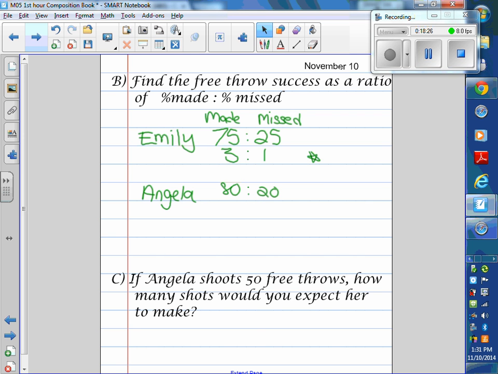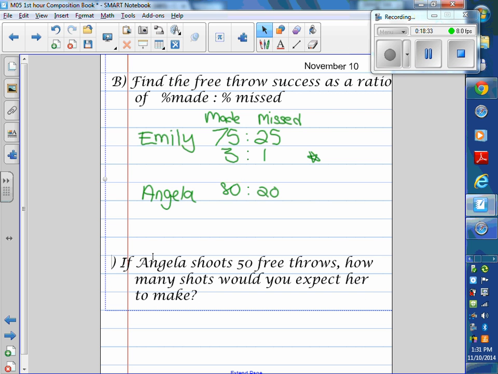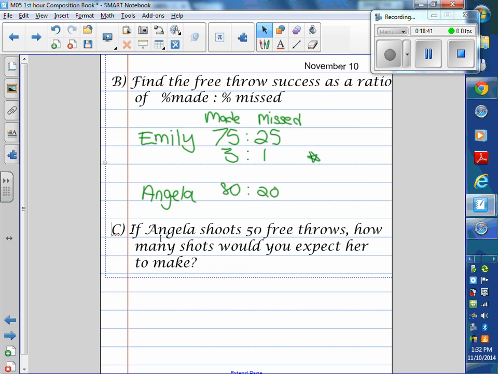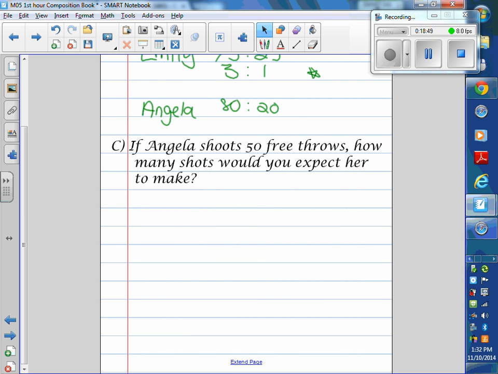This is something you should be able to answer. 4 to 1. But that's not what it's asking. It's asking how many would you expect her to make? But she's only shooting 50 baskets. I would probably expect her to make like 40. Yeah, that's not bad.